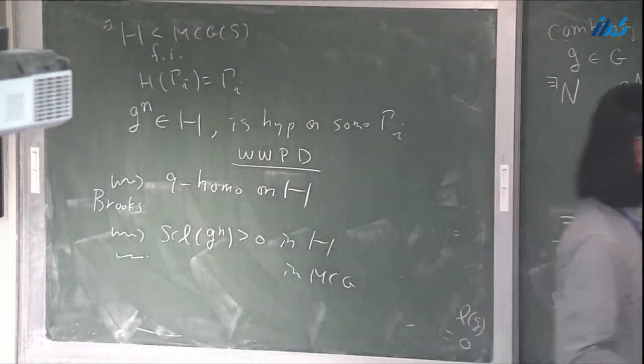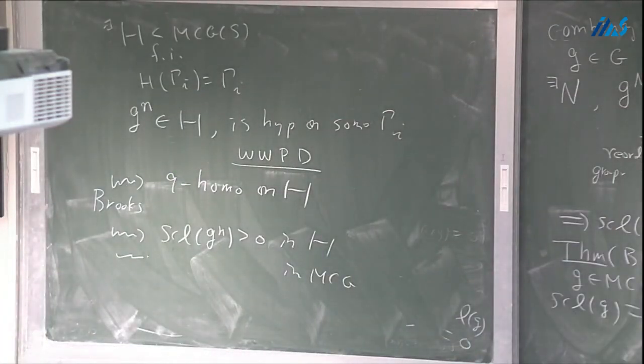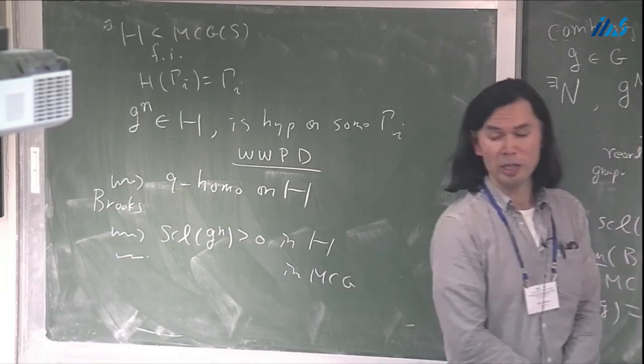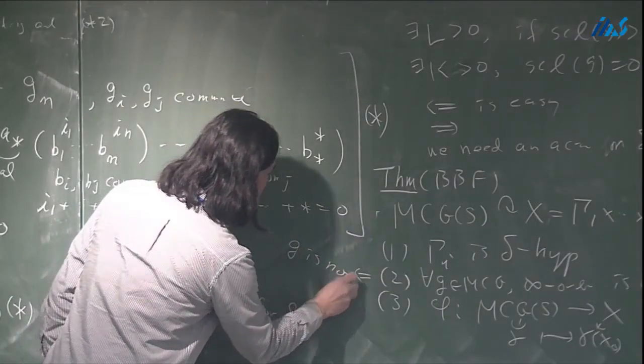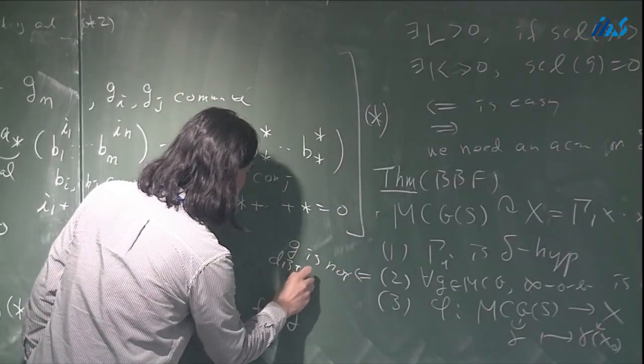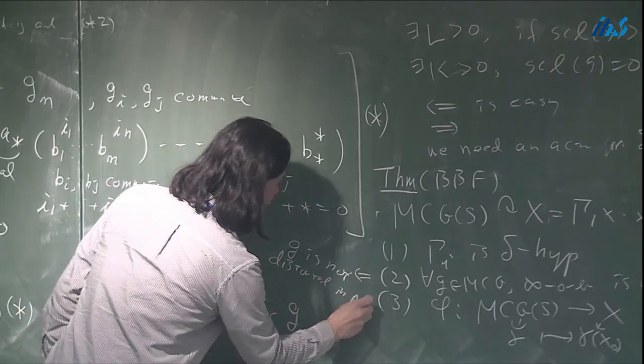One last comment is that this property, that an element G, even for a Dehn twist, is acting as a hyperbolic isometry on this space, is good, because once you have an action of the group G so that some element is hyperbolic on it, you can show that that element is not distorted in the group G. So this implies G is not distorted in the whole mapping class group.